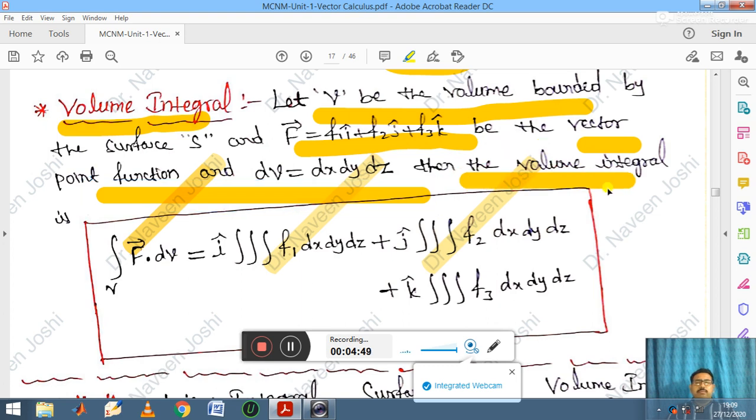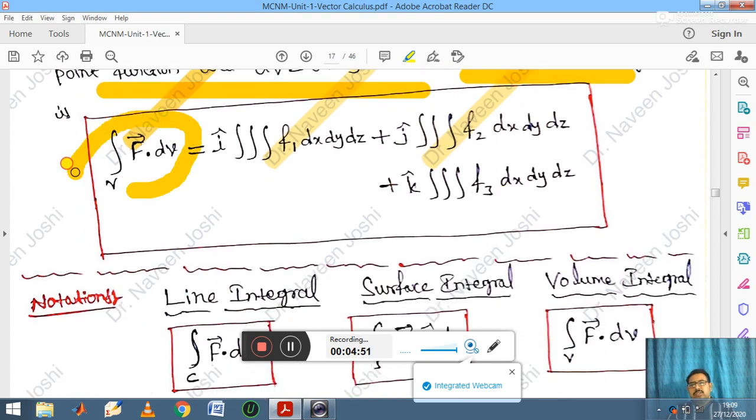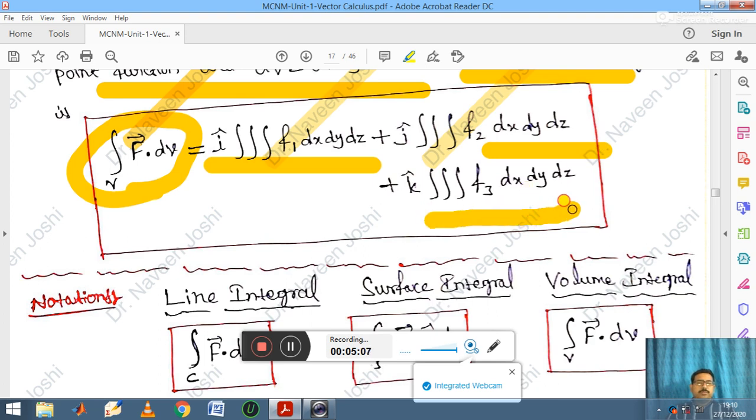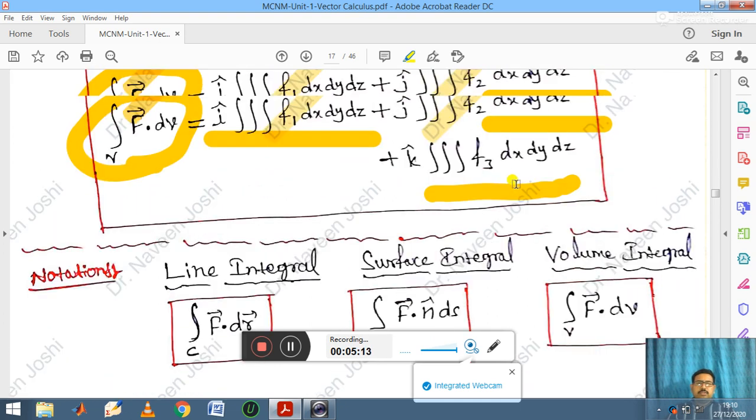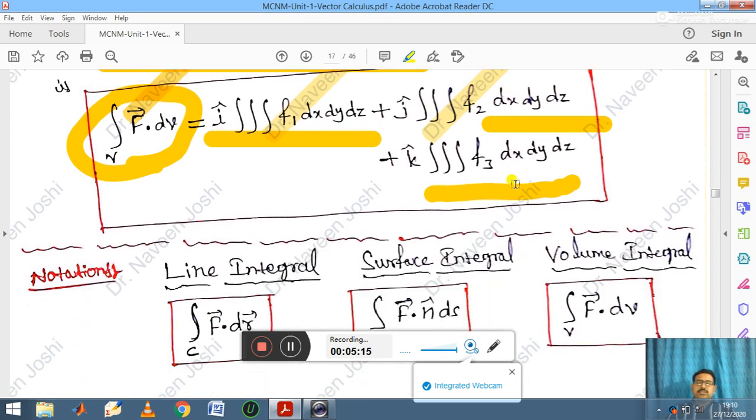Then the volume integral notation: integral f dot dv, and it is defined as i into triple integral of f1 dx dy dz plus j into triple integral of f2 dx dy dz and plus k into triple integral of f3 dx dy dz. Okay, this is the triple integral definition. Triple integral means volume integral.